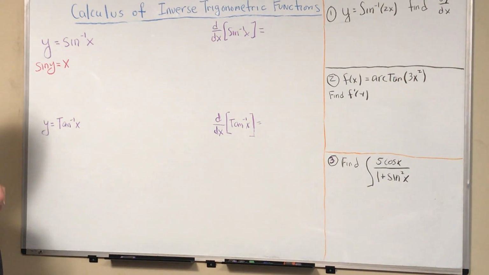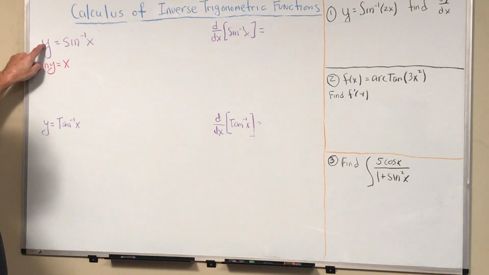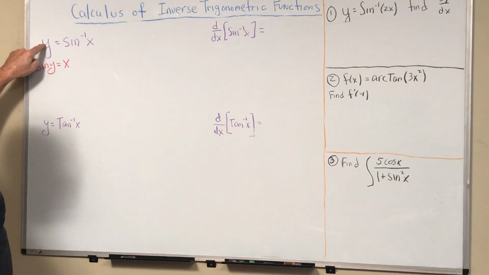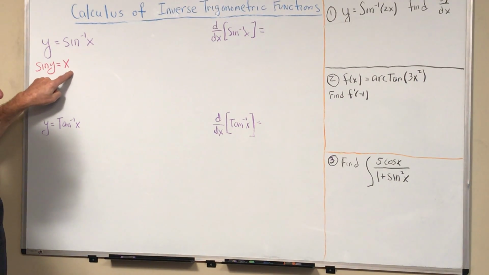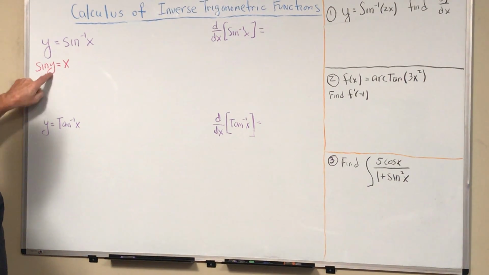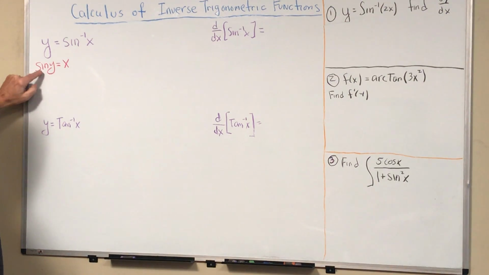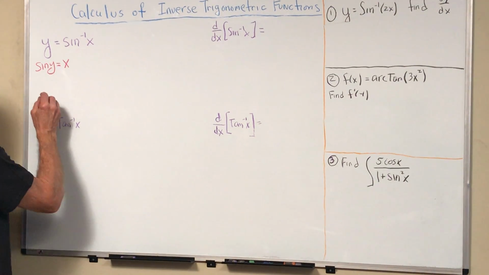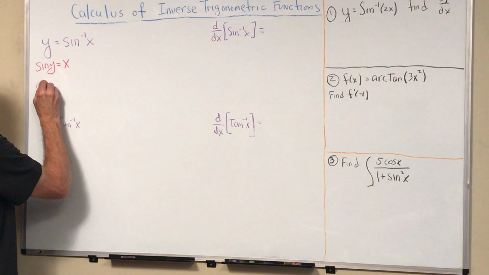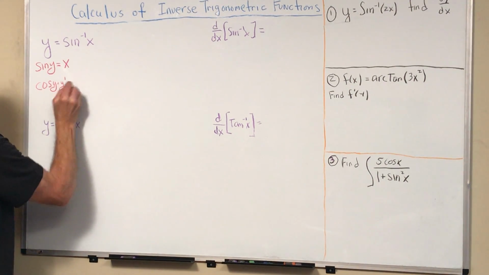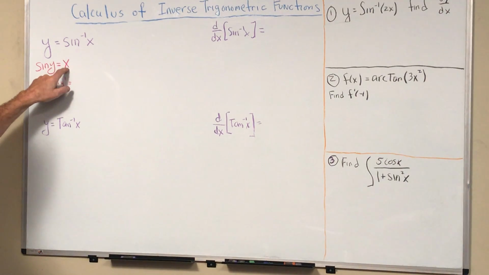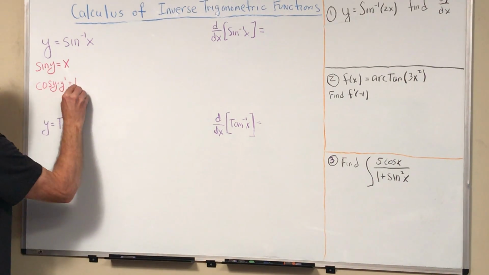Since we want to find the derivative of this function with respect to x, we're looking for dy dx, we're now going to take the derivative implicitly with respect to x. Well, the derivative of the sine of y with respect to x is the cosine of y times y prime, and the derivative of x with respect to x is 1.